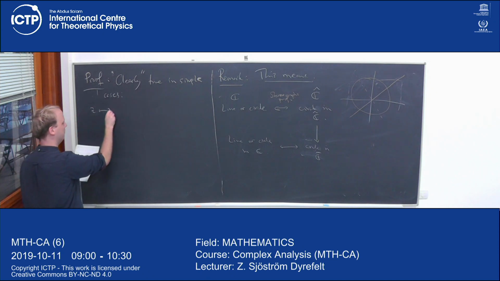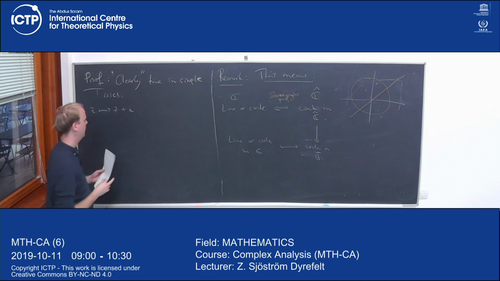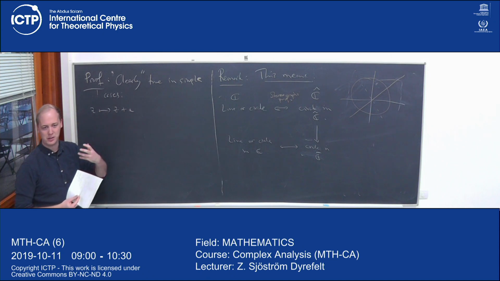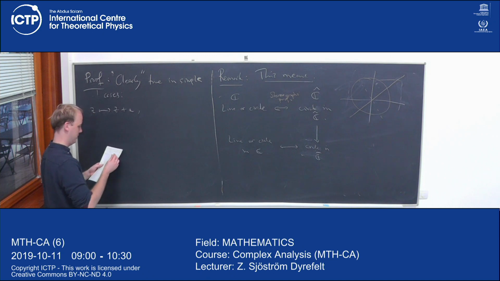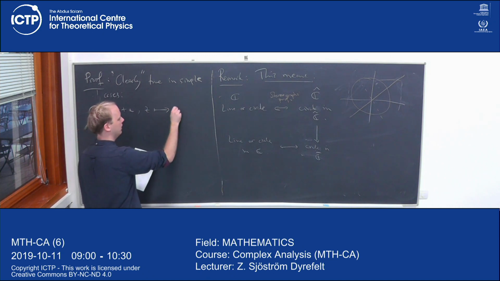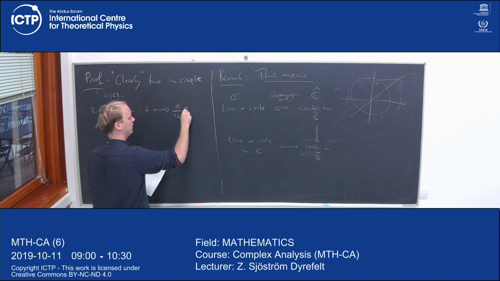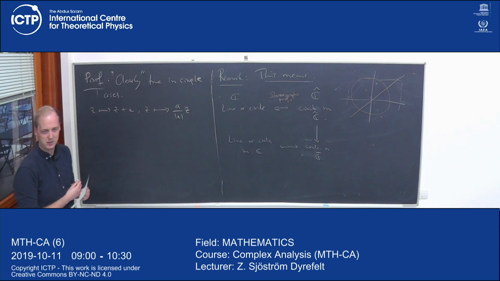So the cases are, first of all, this. If you make a translation, of course it preserves circles, it preserves orientation, it preserves everything. Okay, the second case where it's clearly true is for a rotation.